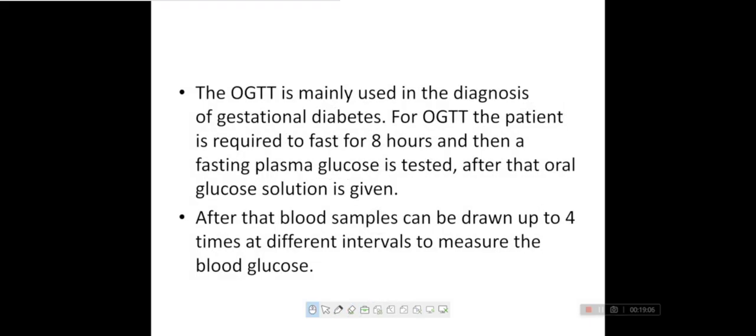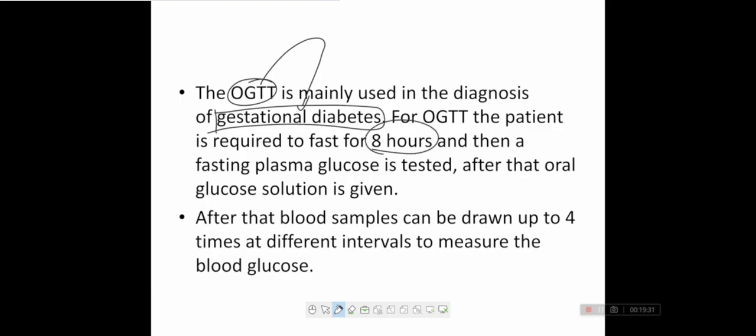The OGTT is mainly used in the diagnosis of gestational diabetes. For the oral glucose tolerance test, the patient is required to fast for 8 hours.